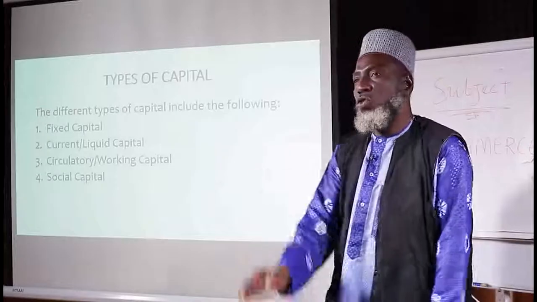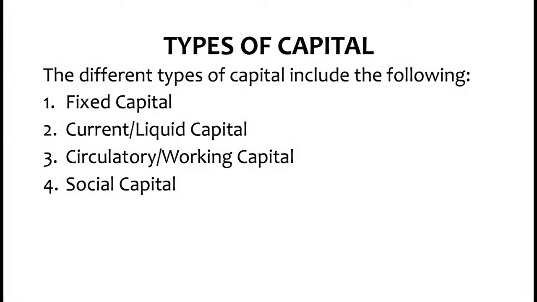The first one we have is what is known as fixed capital. Second one is current or liquid capital. Then we have circulatory or working capital. The last one is social capital, which means that we're going to look at only 4 of them.